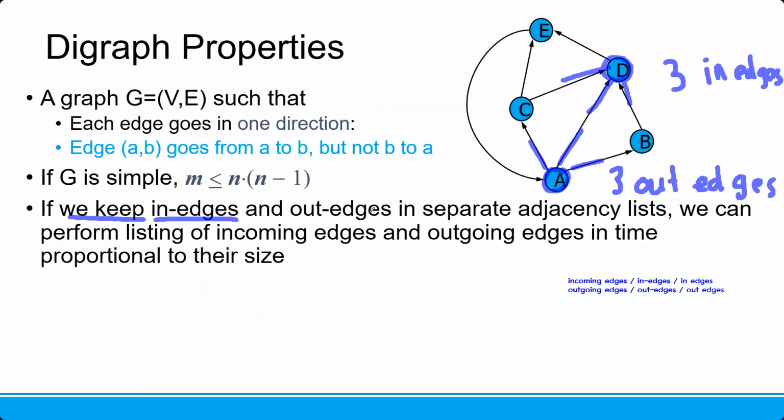If we keep in edges and out edges in separate adjacency lists, we can perform listing of incoming edges and outgoing edges in time proportional to their number.